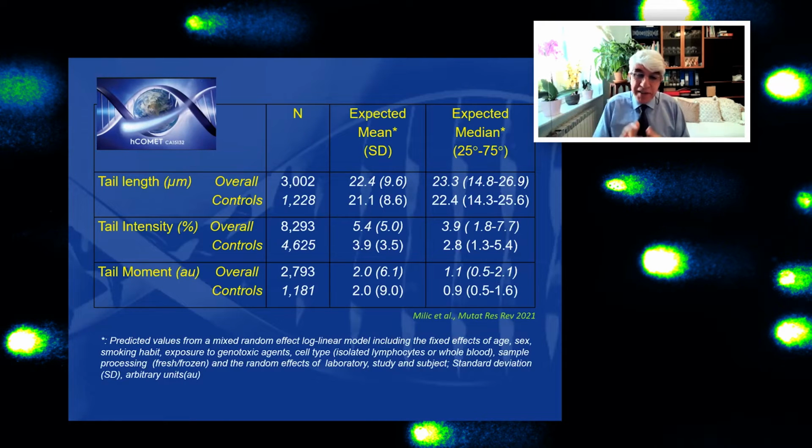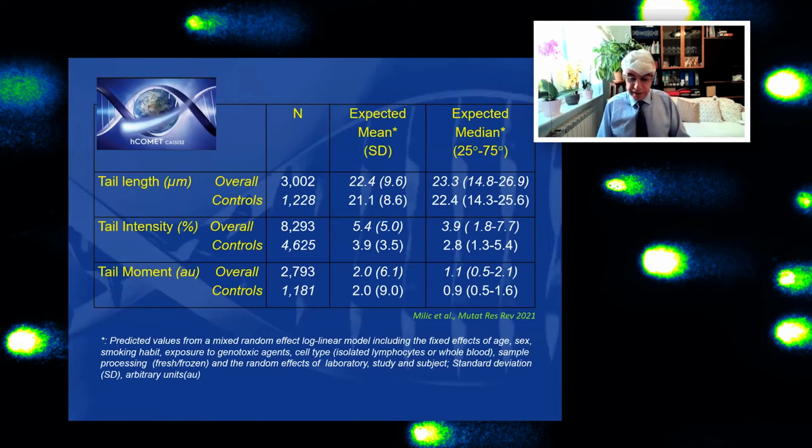So in a way, these results suffered from large inter-laboratory variability. So we did this mixed random effect log linear modeling, which included host factors and some general issues like exposure, cell type, sample processing, and in a way, these results try to take into consideration these sources of variation.